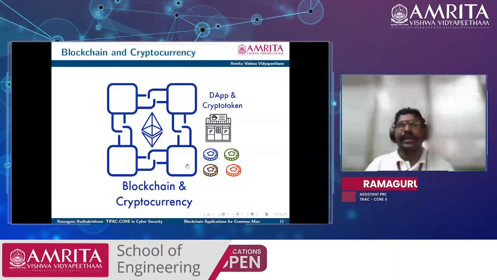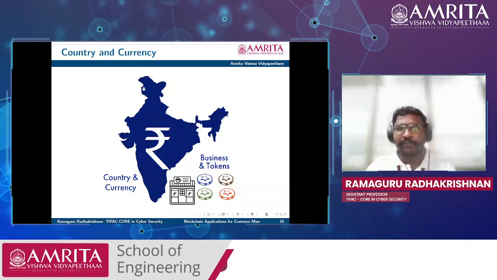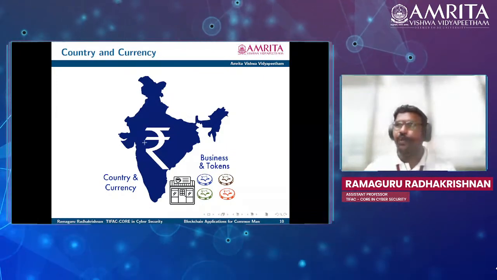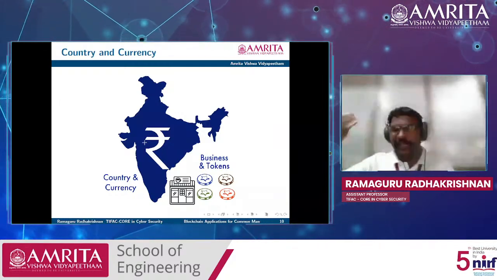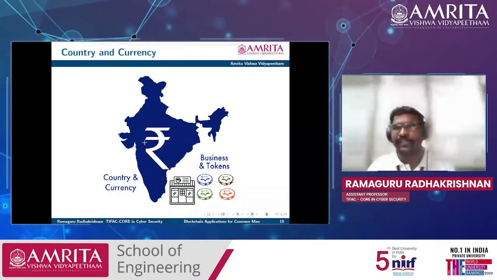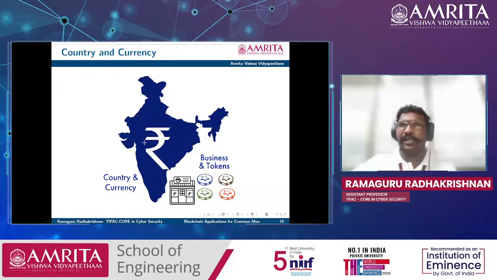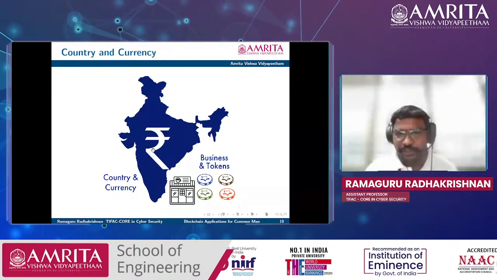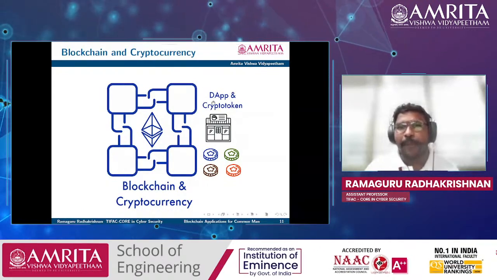And just like we have multiple businesses operating within this country, where you have to follow a procedure defined by the government, register the company by paying some registration fees, and then you will be classified as a particular private limited, even on the blockchain, you can create your own application.